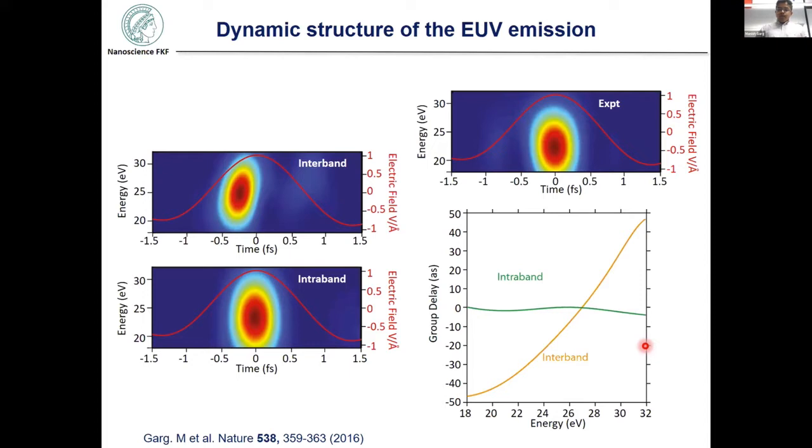However, in the case of the intraband contribution, since it's a concurrent emission, all the photons are released at once. If you look at the intraband contribution only from a semi-classical model, we don't consider the excitation process. We consider that the electronic wave packet pre-exists in the conduction band of SiO2 and is just accelerated by our driving pulses. Even in this model, you can see that it has quite an agreement with our experiment.